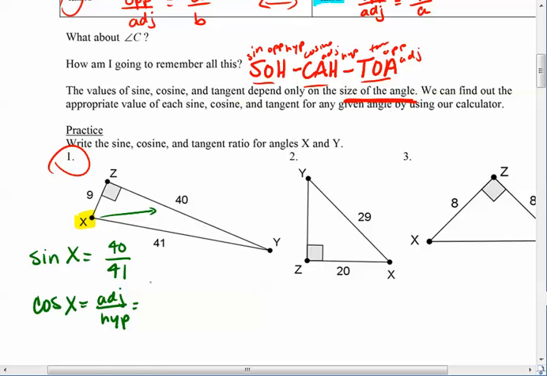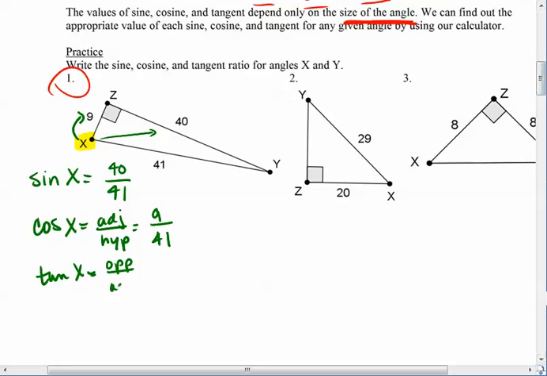The adjacent side to angle x would be 9. The hypotenuse is 41. The tangent of angle x, if you recall, TOA, opposite over adjacent, opposite being 40, adjacent being 9.